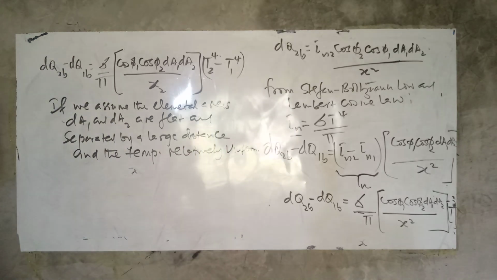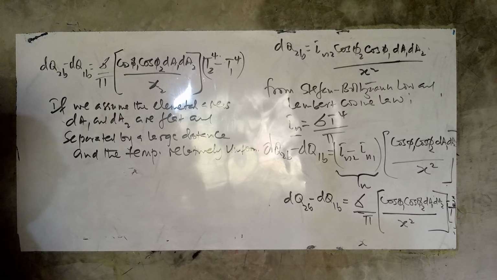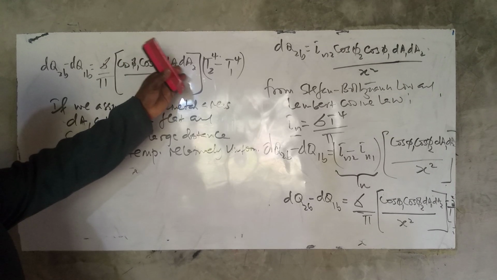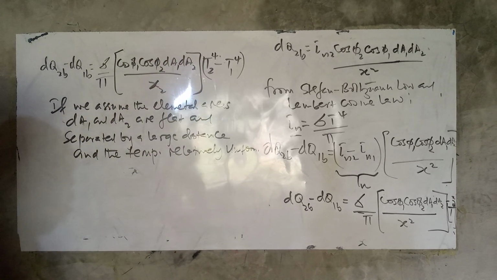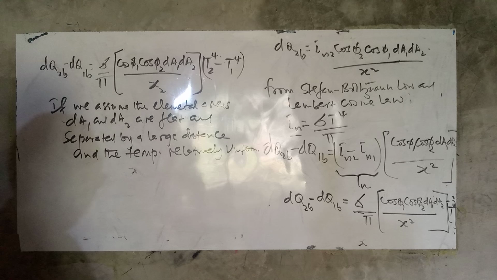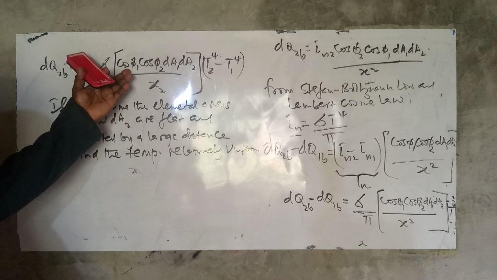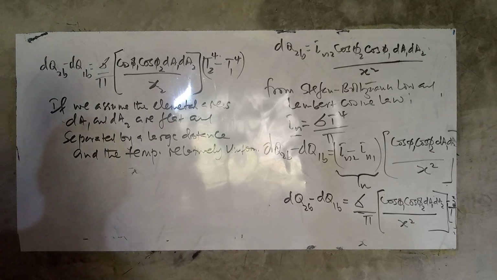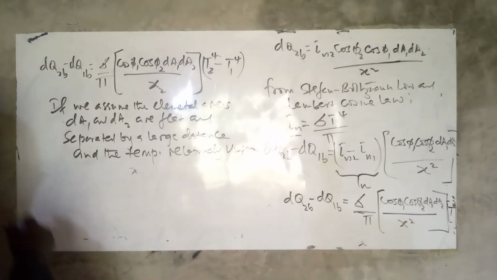So if you make that assumption, then we can use the areas A1 and A2, and also, in addition to that, we can estimate phi 1 and phi 2, and we'll be home and dry. We'll be able to calculate the values involved here.